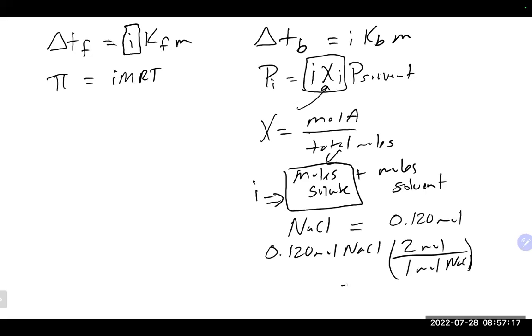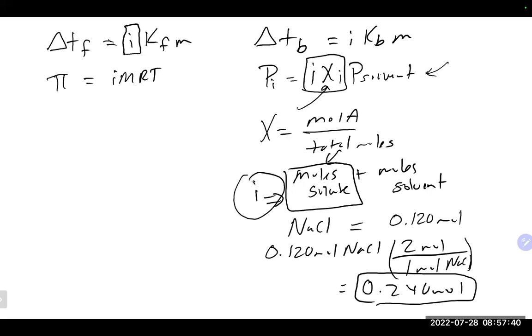And we would want to use 0.24 moles for our solute in our mole fraction, because it has twice the amount of particles floating around. So you get twice the moles of each of those ions that are present. When you're doing Raoult's law, which is this vapor pressure lowering, that is where we incorporate i most of the time, into the moles of the solute. We do that by multiplying the moles of the solute by 2 if there are 2 ions, 3 if it's 3, and so forth.